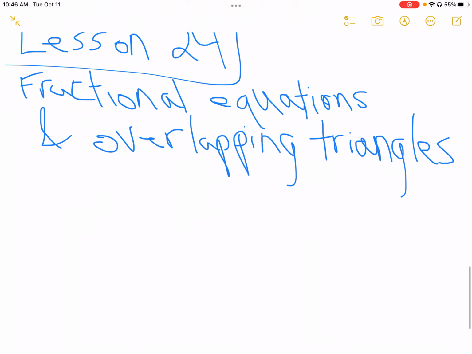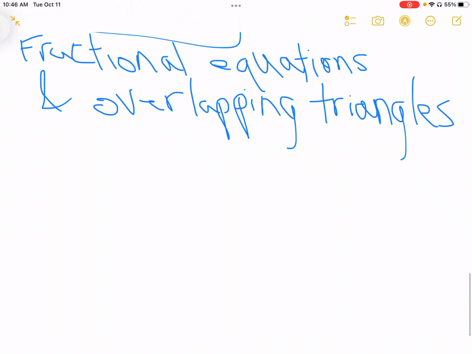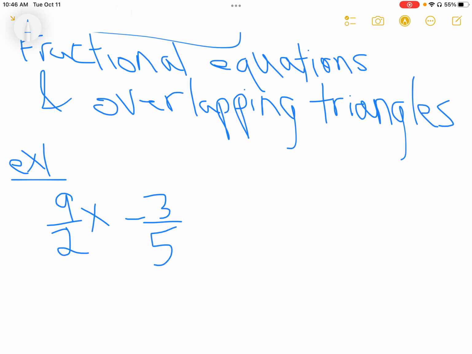So let's write out example 1. So example 1, I have 9 over 2x, and it's minus 3/5, and then it's equal to minus 5 over 4.